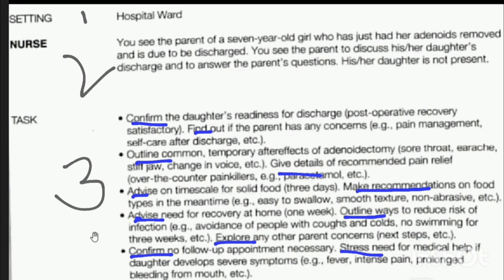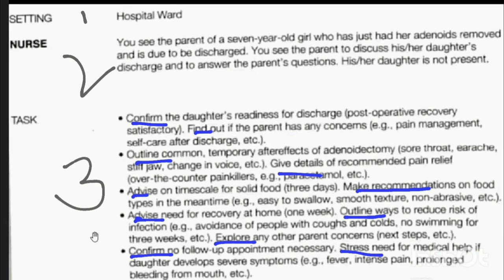As we have seen in the second sentence, find out if parents have any concern. So we can ask, may I know about your concern, please? Then the parents say that their daughter is having a problem like sore throat or a speaking problem. So we can say, and next, acknowledge your concern, Sarah.